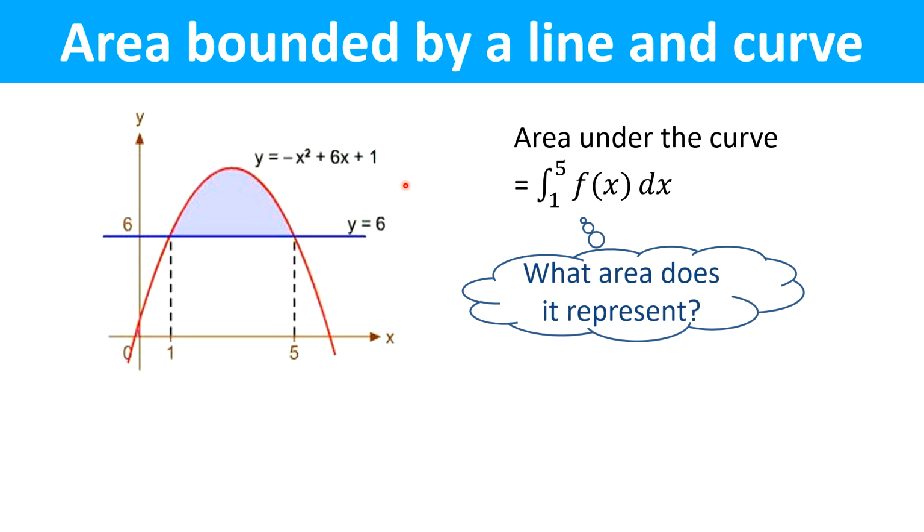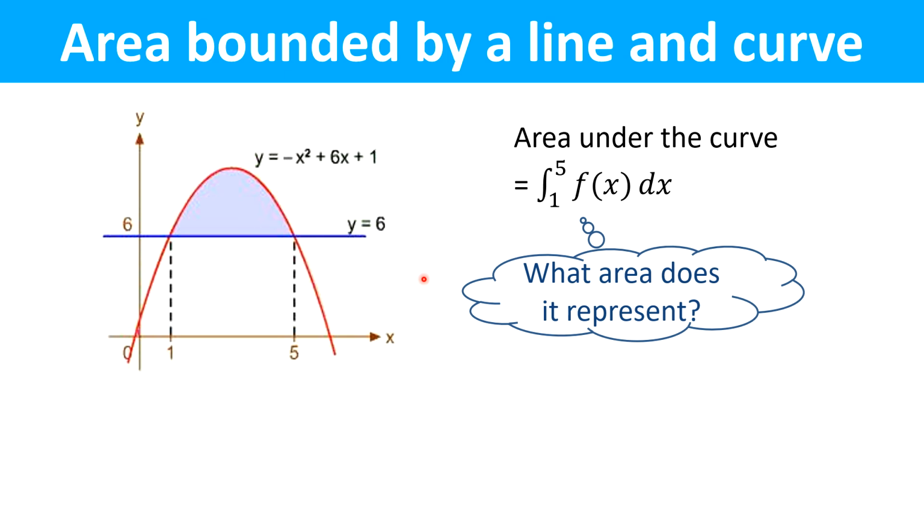Think carefully: is it only this shaded region, or is it the entire region below the curve that is bounded by the x-axis? The answer here is actually the entire region under the graph. But what we are asked to find is this shaded region. So how do I find this region?